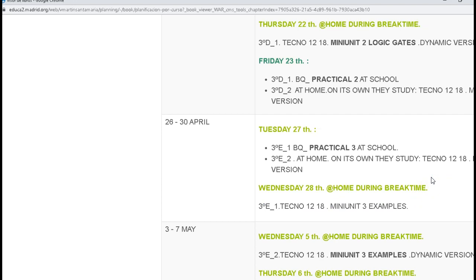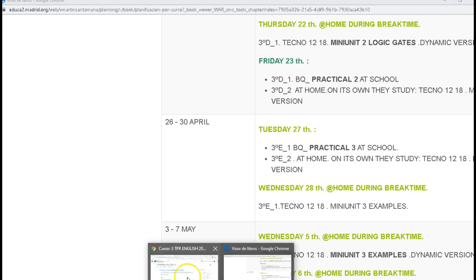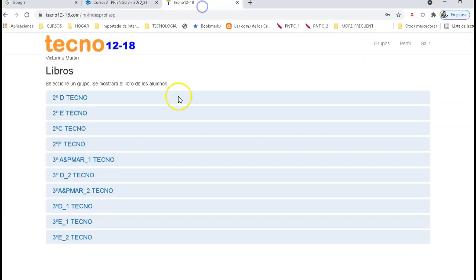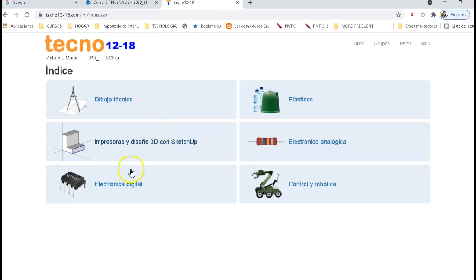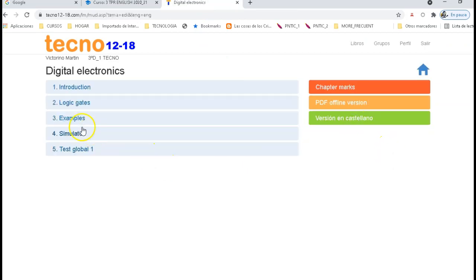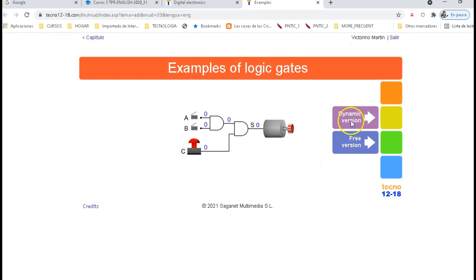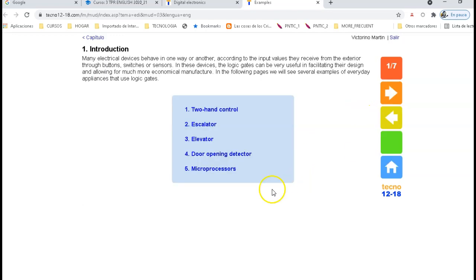Just to give you another point of view, I'm going to make an introduction to this mini unit, to examples. What I'm expecting from you is that you cover the dynamic version of this mini unit. In fact, we will do it together.